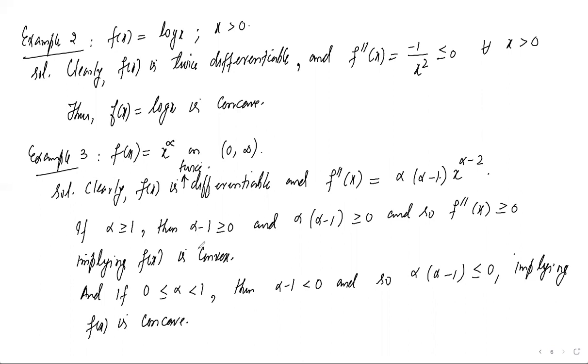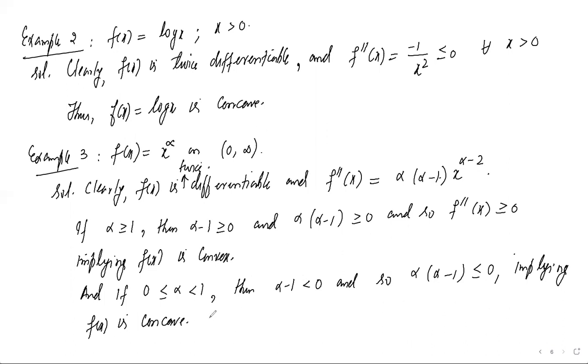So therefore, on this domain, when alpha lies from 0 to less than 1, this alpha into alpha minus 1 is less or equal to 0. So f double dash of x is less than or equal to 0, and so the function f of x is a concave function.